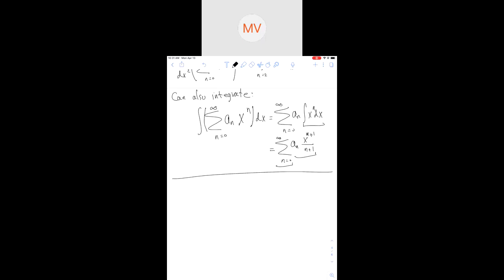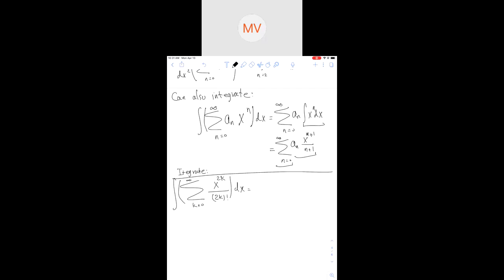Let's, for example, integrate this one: x to the 2k over 2k factorial, k from 0 to infinity. Okay. So the integration of this dx, we said we can do it term-wise, okay?